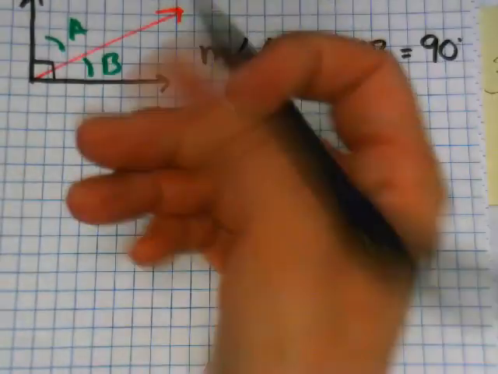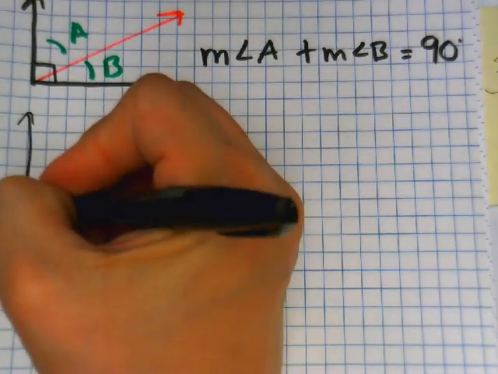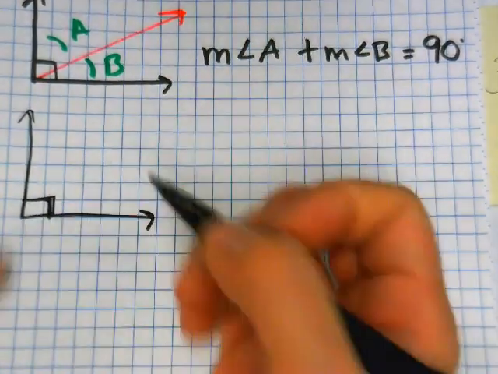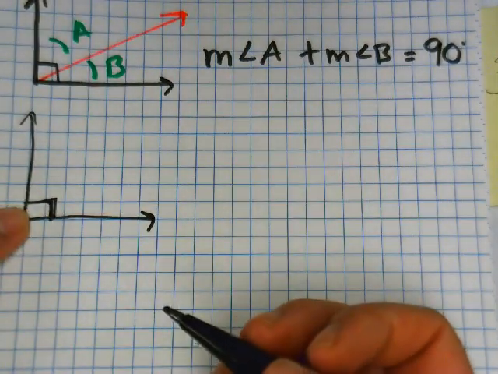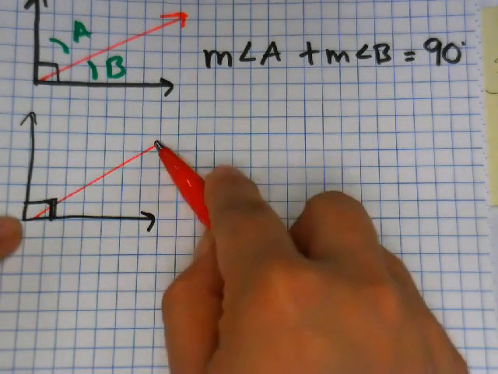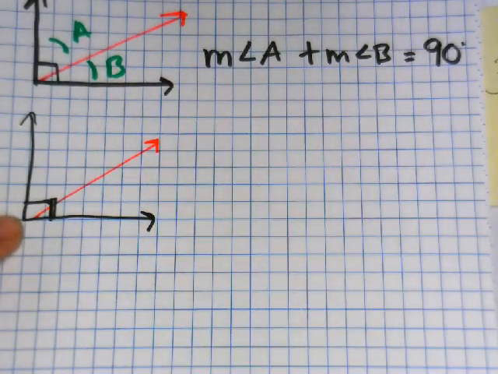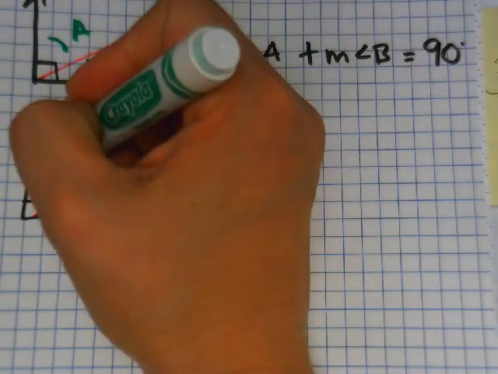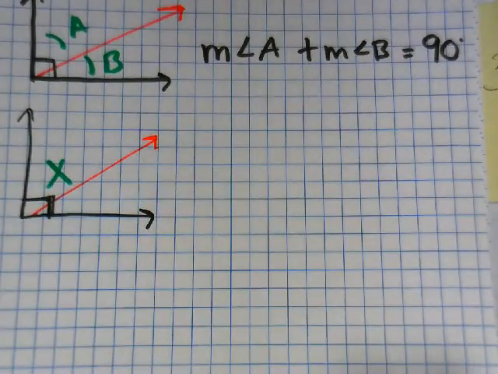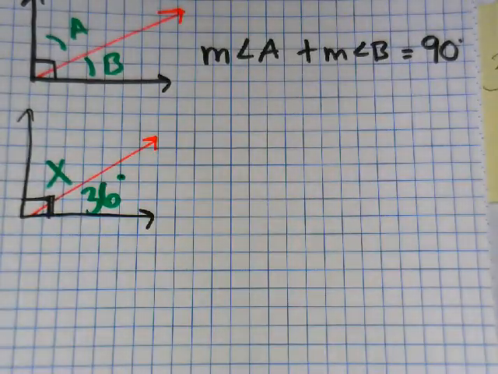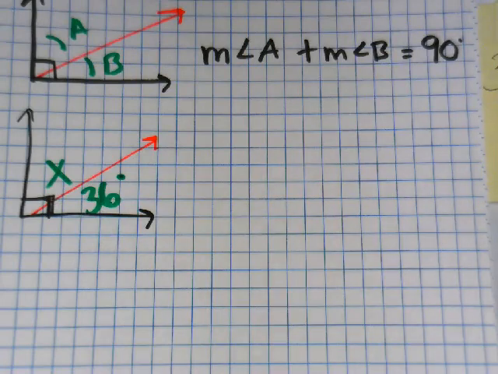So if I draw 90 degrees, here's the universal symbol for 90 degrees, even if I don't draw a straight line. I say that this angle I don't know, it's X, and this angle is 36 degrees. The question on the test is, what is X?